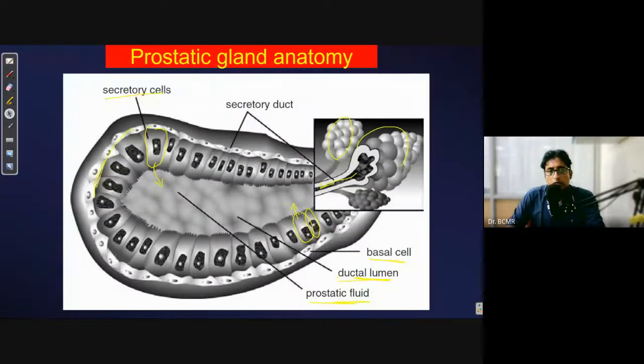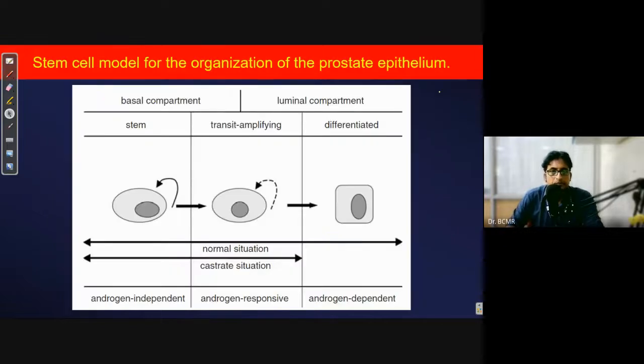So what we are discussing is that the androgens are important, or rather they allow the growth of the cells that are present in the prostate gland. There are two compartments, as we discussed.